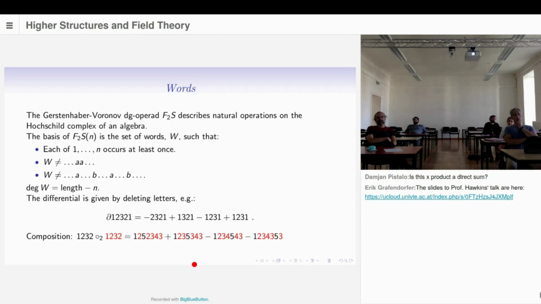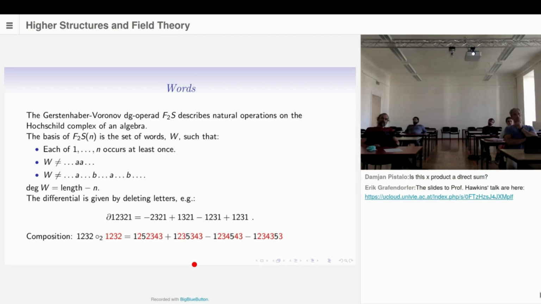It has as a sub-operad the brace operad with a degree shift in it, which is where the signs start coming from. The basis for this is given by a set of words. So in arity n, the letters of the word W are the numbers 1 through n, and there are three conditions.